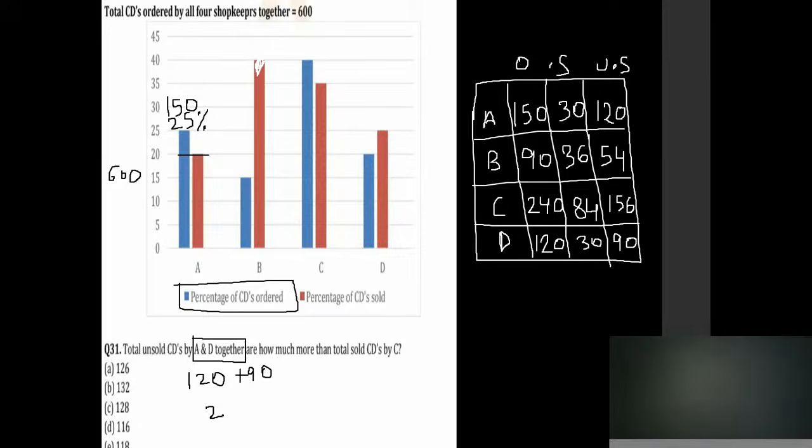Next, total CDs sold by shop C. Sold by C is 84. Now our question is, 210 is how much more than 84?